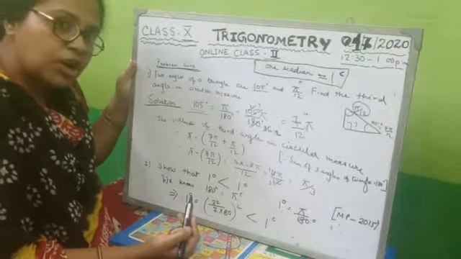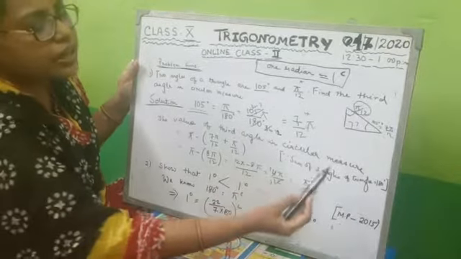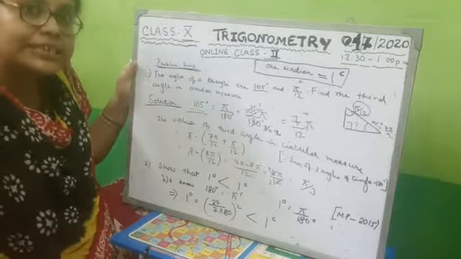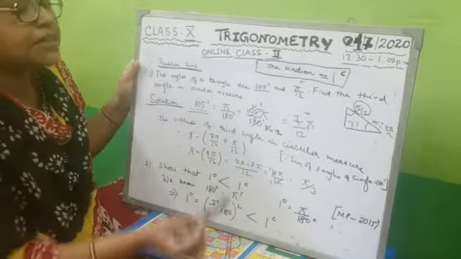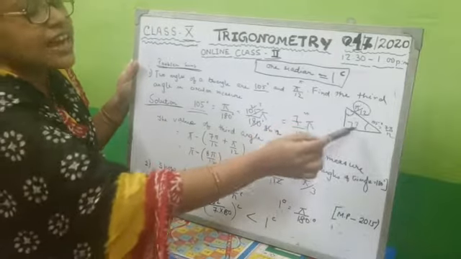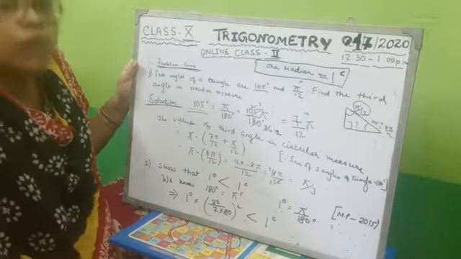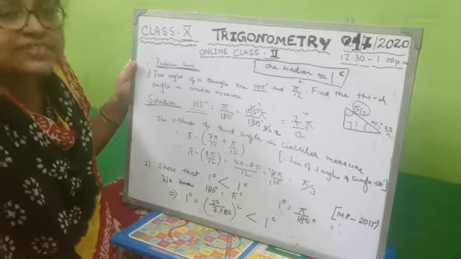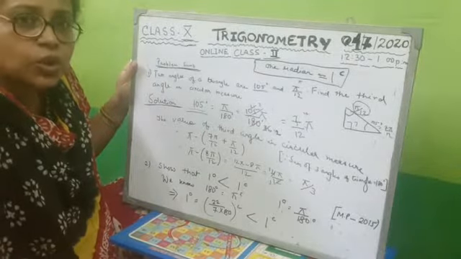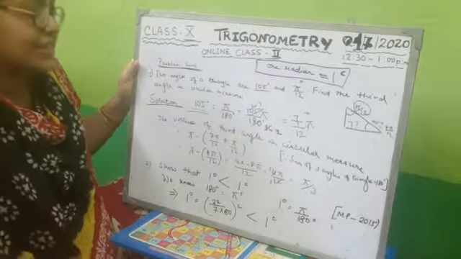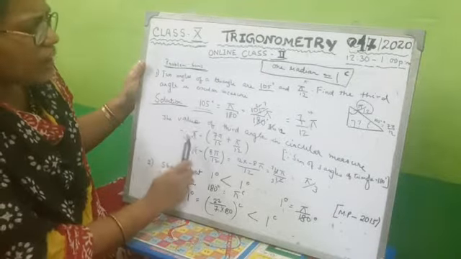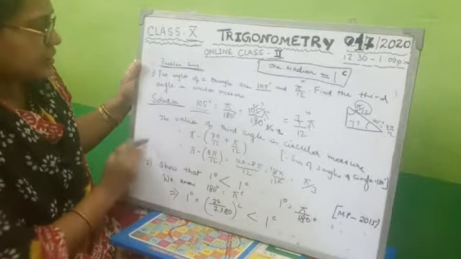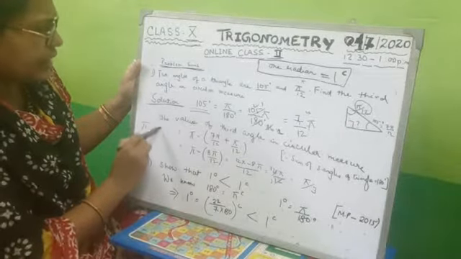And we all know the sum of three angles of a triangle is how much? 180 degree. So 180 degree can be expressed as pi radian.